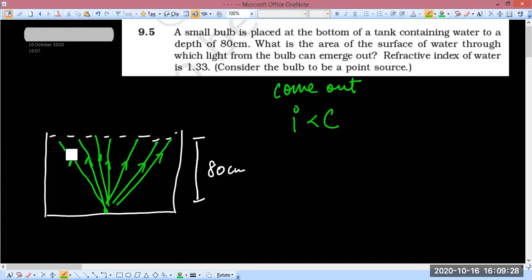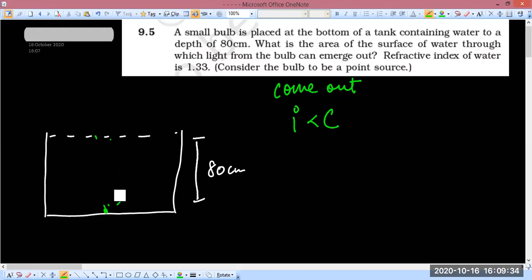So let's draw the critical ray, because the critical ray is where things change, right? Suppose here is that critical ray. So it's going off like this. The same thing is going to happen in all possible directions, so it's actually going to make a circle on the surface of water.